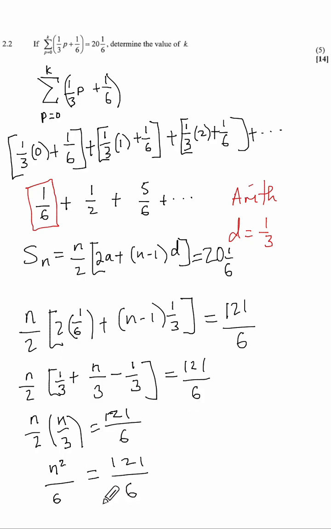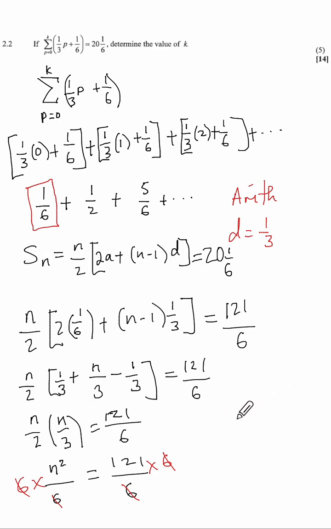It's a fraction here and a fraction here with the same denominator, 6. So the numerators should also be equal, or I can multiply both sides by 6, whichever makes more sense to you. It's the same thing. Then you remain with n squared is equal to 121.